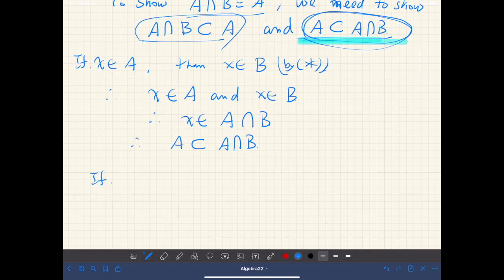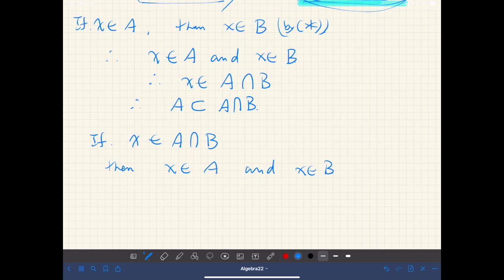Now prove this one. If X is an element of A cap B, then X is an element of A, and X is an element of B. So we have, if this is true, then this is true. And in addition, this is true, but in this case, it's not so relevant.